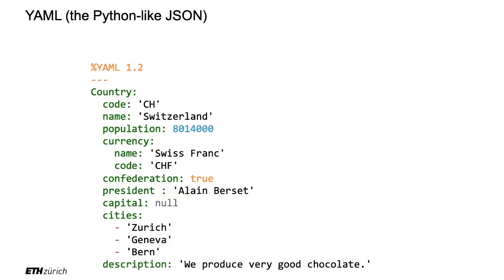Just so you know, there's not only XML and JSON, there's another one called YAML. That means yet another markup language. I don't even need to tell you about it because I'm pretty sure you will recognize what it does here. You basically have the same idea of objects, the same idea of lists, like arrays: cities, Zurich, Geneva, Bern would be an array. So that's YAML, another example of syntax. Actually, it's growing in popularity.